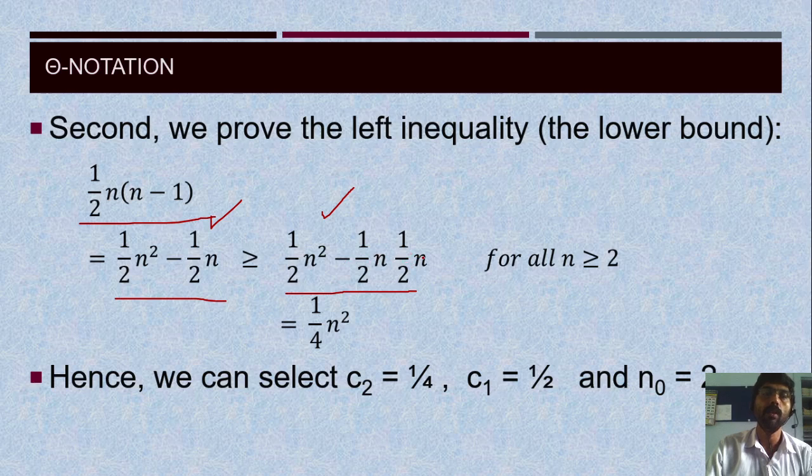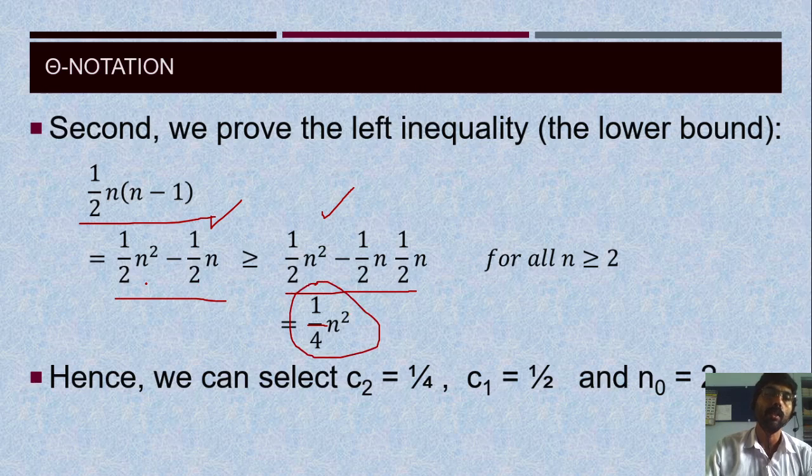As the n value increases, this expression keeps increasing. This holds when the n value is 2 and above. When n is 2 and above, this expression shows a smaller value compared to this value. When you solve the right hand side, you get 1 divided by 4 into n square.